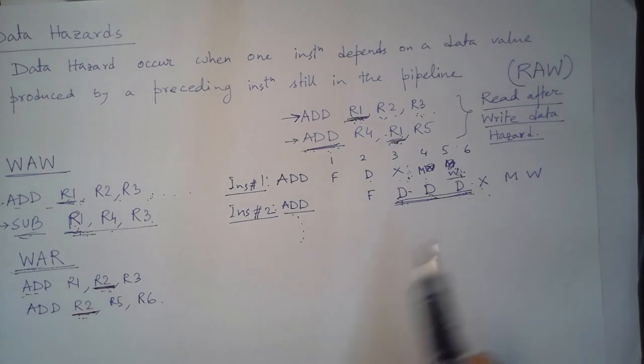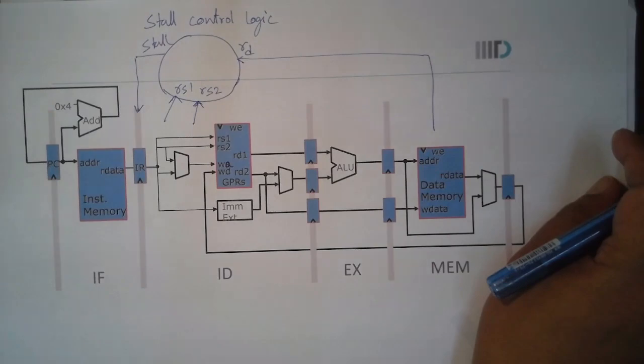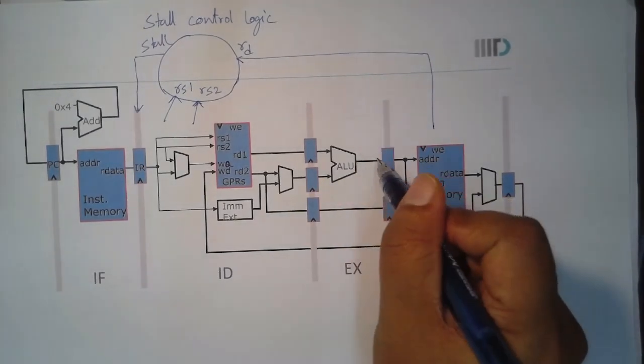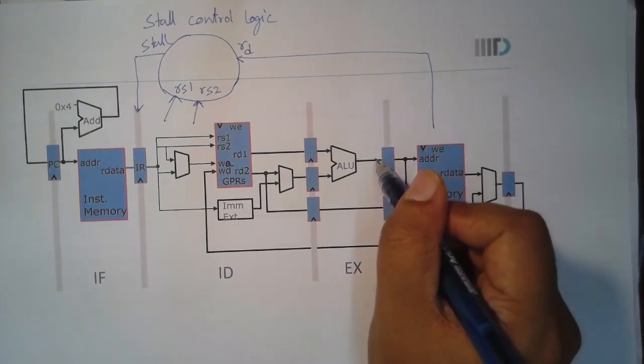Okay, so now let us look at it a little bit pictorially. So, if I want to have forwarding in this case, so the specific example we talked about. So, after the ALU the value is already available, and the next instruction if it can use this value.